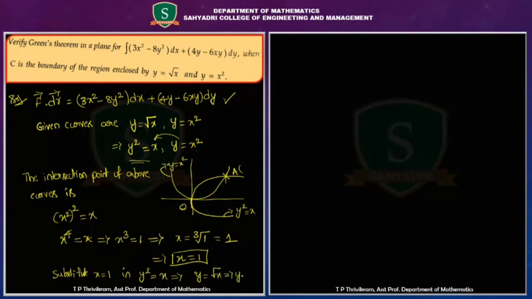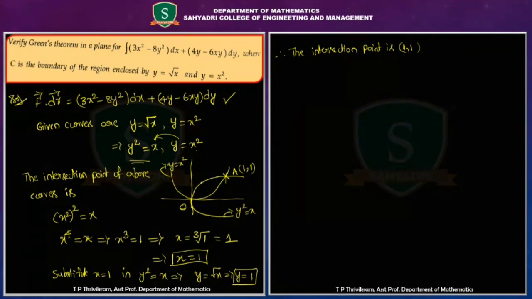Substituting x value, root 1 is 1. So when x equal to 1, you get y equal to 1. Therefore, the intersection point is (1, 1).